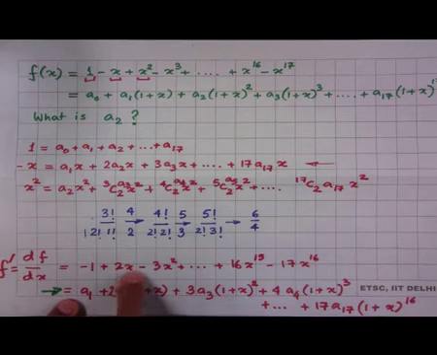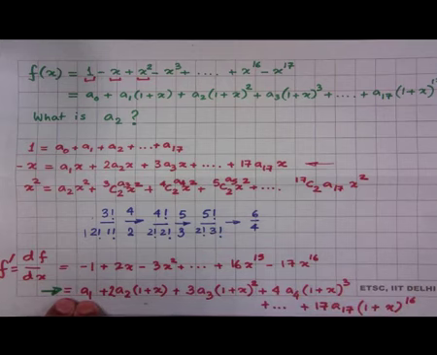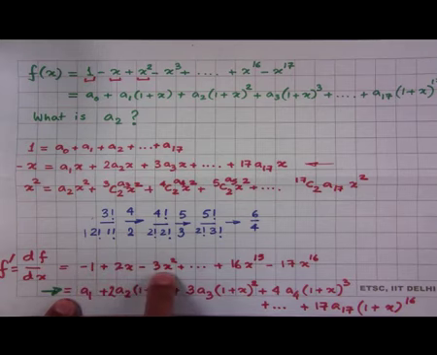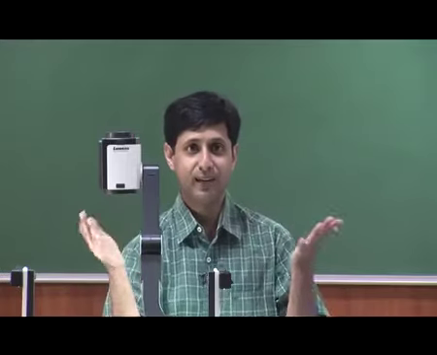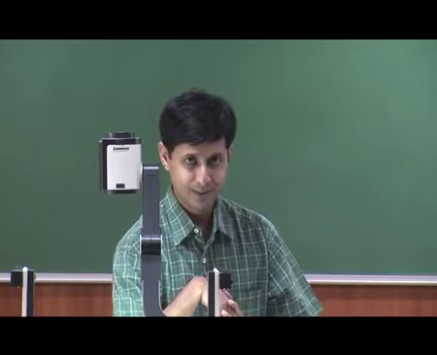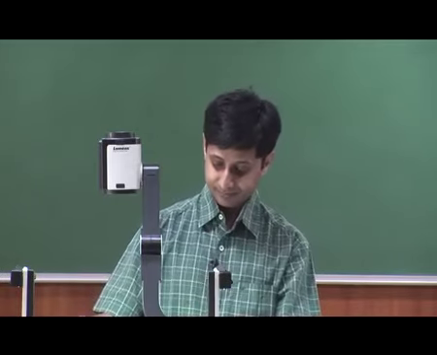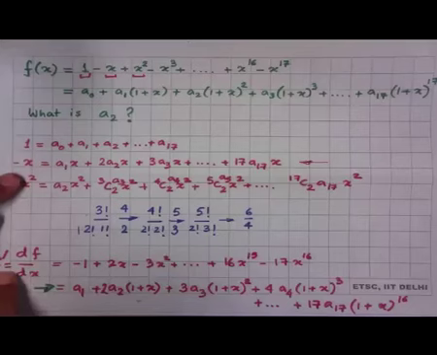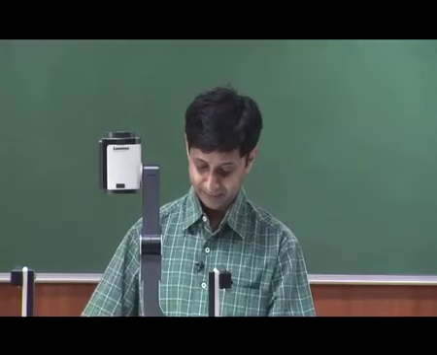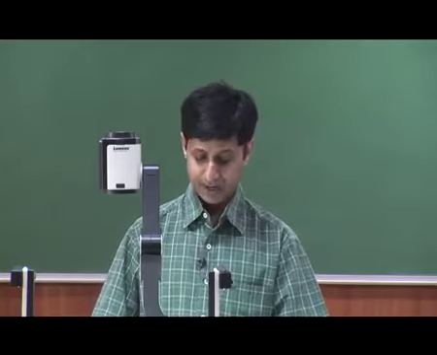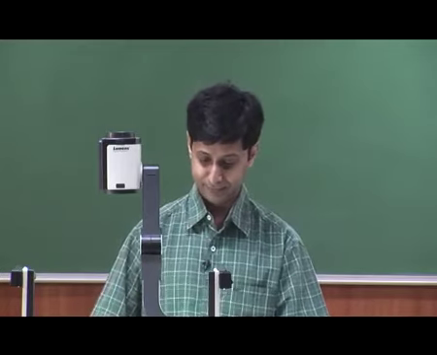So, if I plug in x equal to minus 1, then I get a1 on this side, and on the other side I get minus 1, minus 2, minus 3, minus 4 all the way till minus 17. So, that gives me the value of a1. Do you see that? So, that was the beauty of the derivative. I did not have to come all the way backwards from a17. Okay. So, a1 was easy enough.